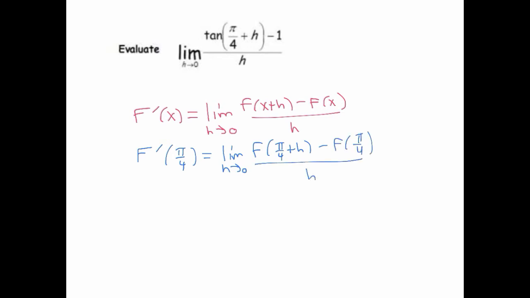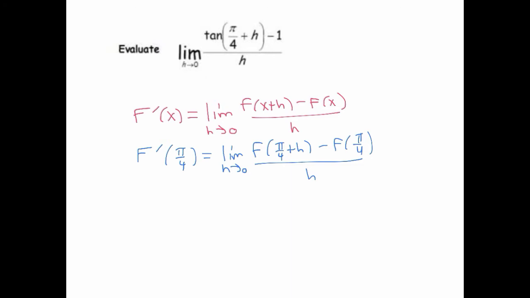Once you get here, you might say, okay, I know the point at which I'm taking the derivative. What is the function that I'm taking the derivative of? What is f of x? Well, it should be pretty obvious that it's tangent. So we're taking the derivative of tangent at pi over 4.